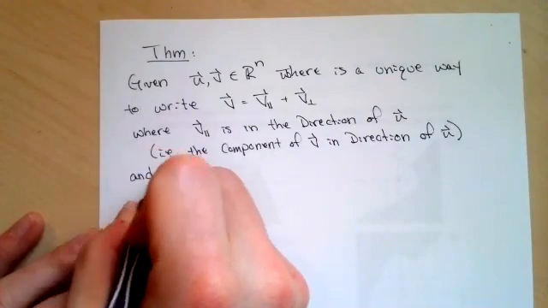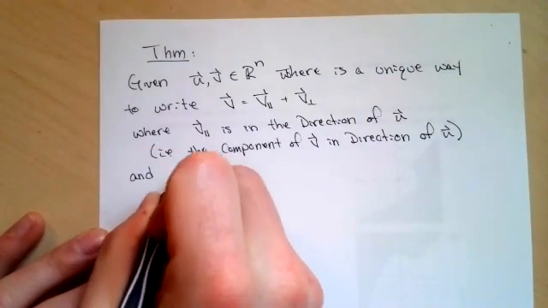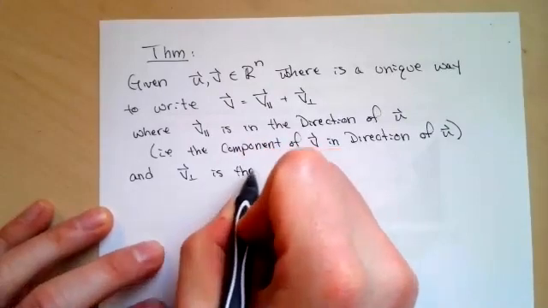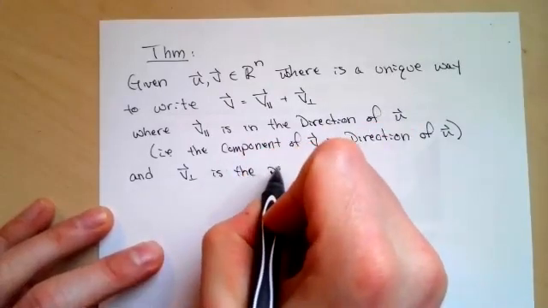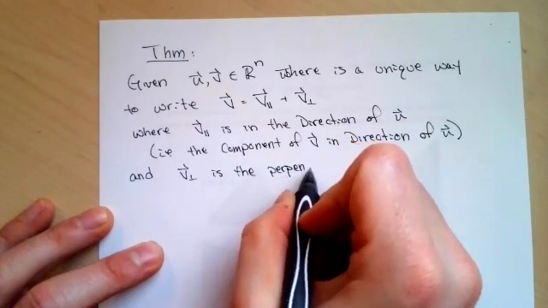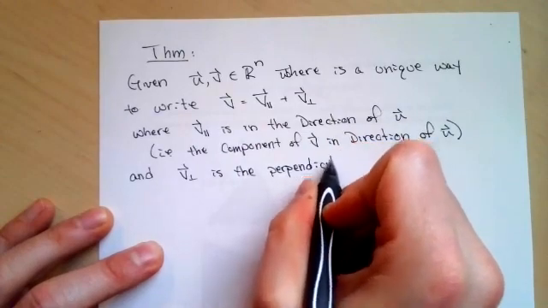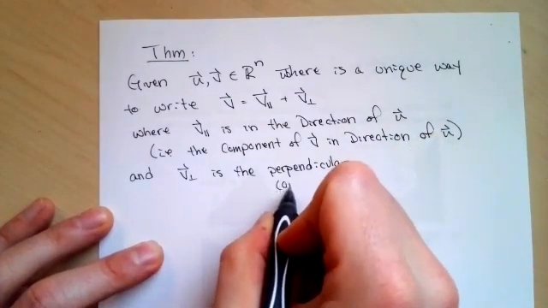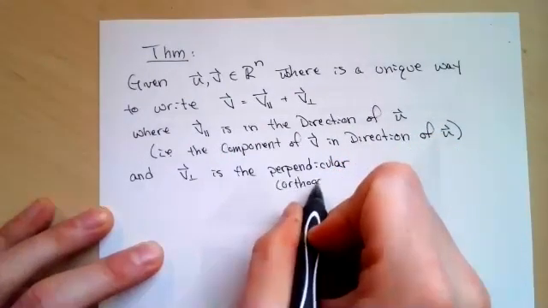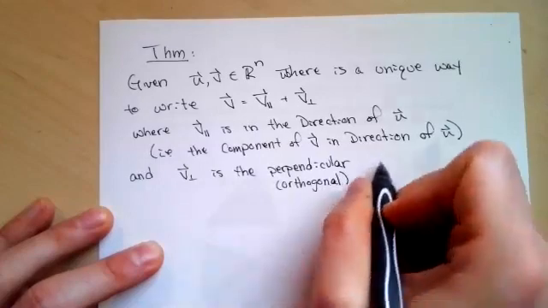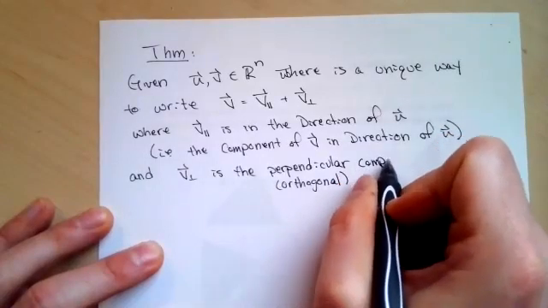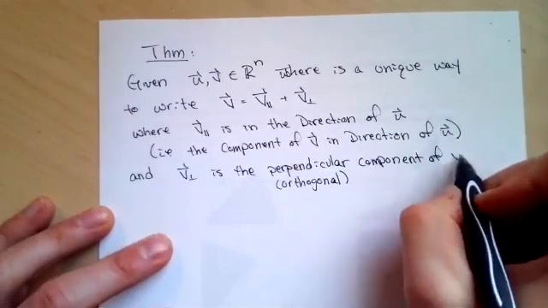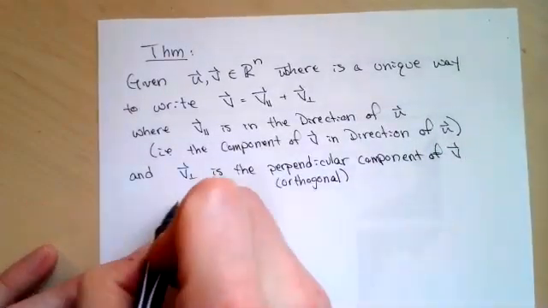And v perp is the perpendicular component, or orthogonal component, of v in the direction of u.